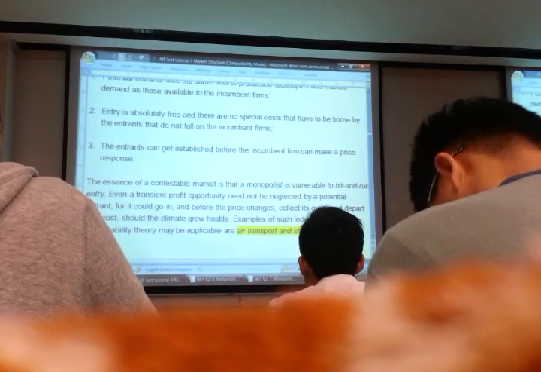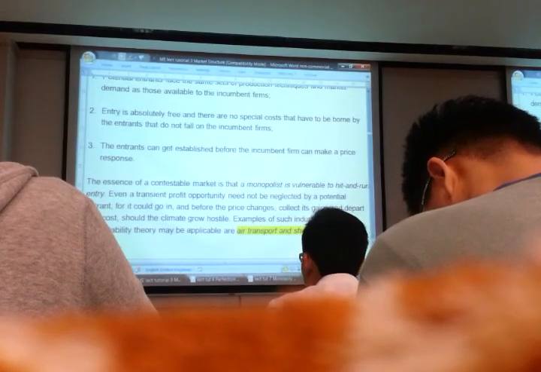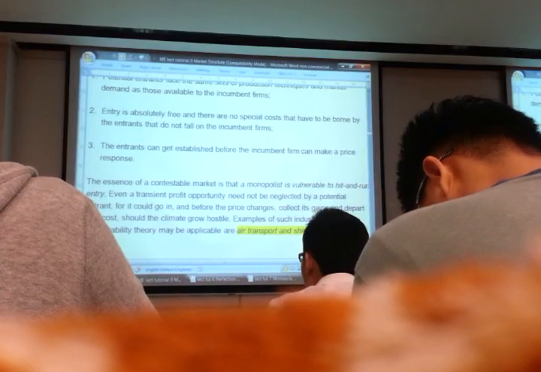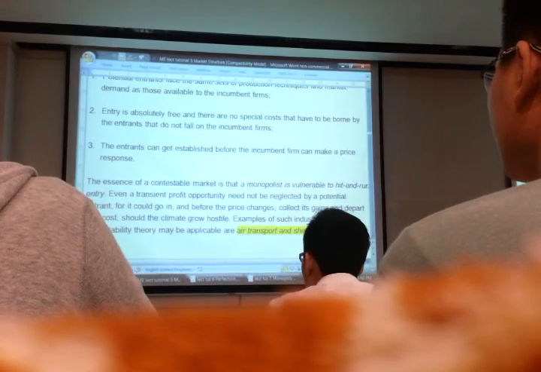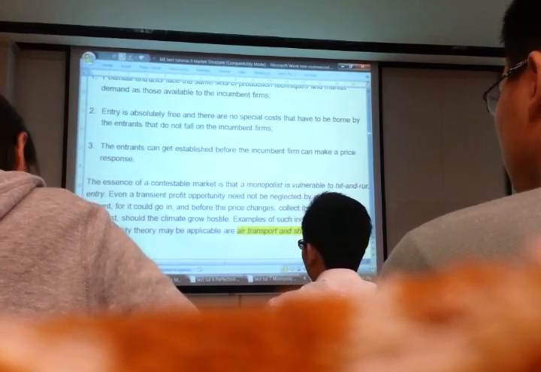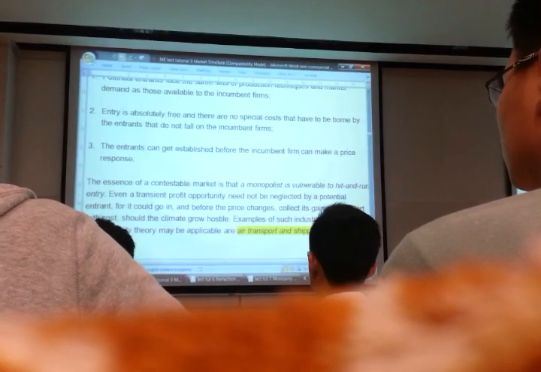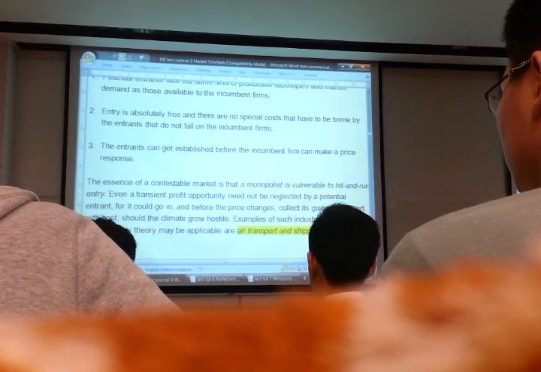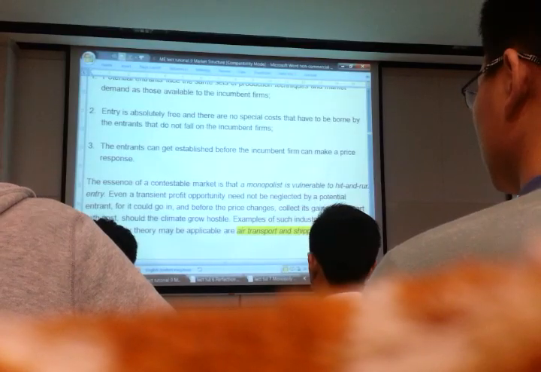Even though NOL is the main monopolist in the shipping industry in Singapore, I don't think they really dare to set a very high price, because if the market price is too high, there are many other shipping companies like COSCO and Lloyd that can always come in and do the shipping for you. They move into the market since the price is so high and they make a profit. Once NOL starts to lower its price, they will move out again if it's not profitable.